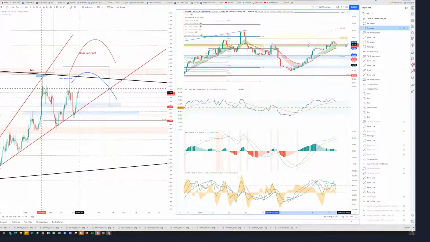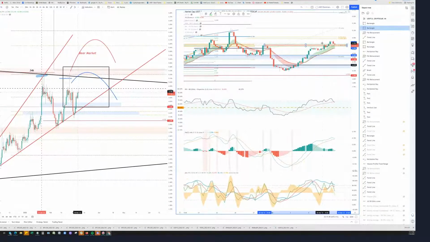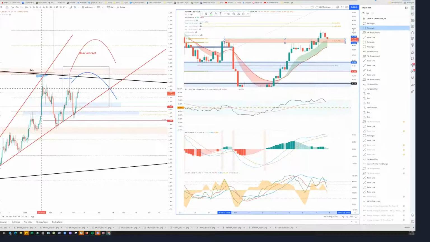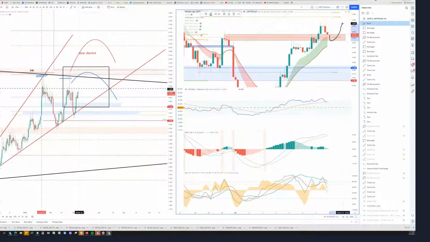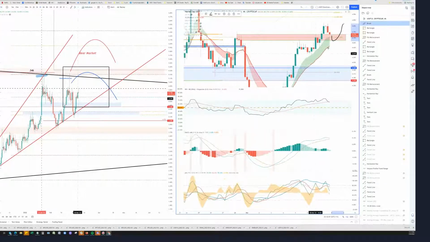This is support. So if this comes back down to this level, I do see it come back up again. Bit of a cradle trade. So yeah, basically Bitcoin's going to go up a little bit, or crypto is going to go up.